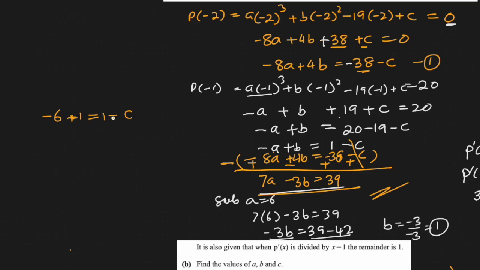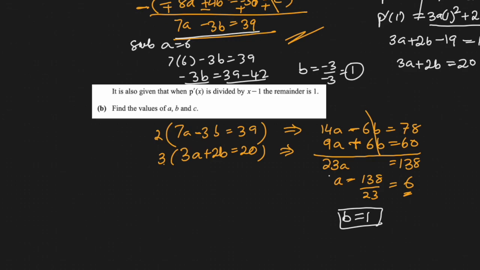Plus 1 is here, plus 1 is here, both of them can cancel. Minus 6 equal to minus c, so c equals 6. So I got c as well. C is equal to positive 6. So a, b, c is 6, 1, 6.